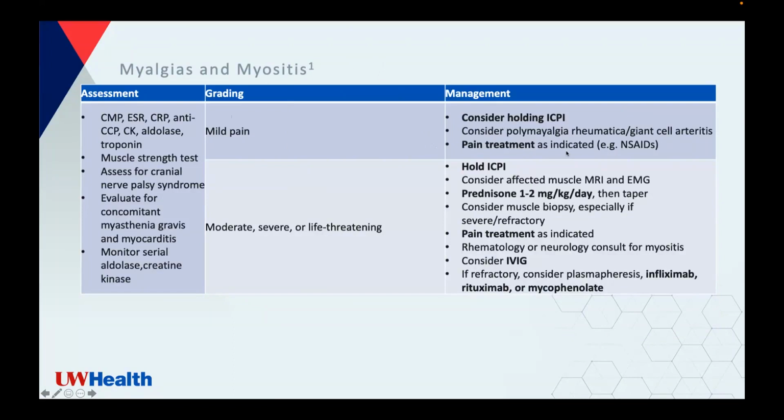And then for a more moderate, severe, or life-threatening presentation, we would hold the ICPI, give higher dose steroids, prednisone 1 to 2 mg per kg per day, and treat pain as well with NSAIDs as above. At this point, we can consider IVIG as well to help manage, and some of those other DMARDs that we mentioned earlier, infliximab, rituximab, and mycophenolate, to manage the more life-threatening cases.